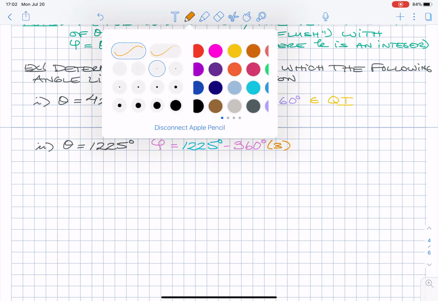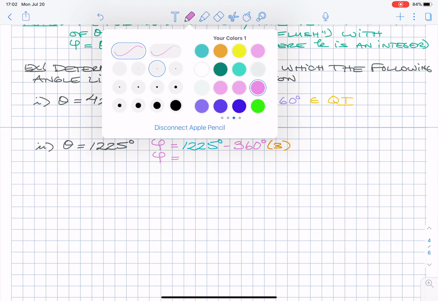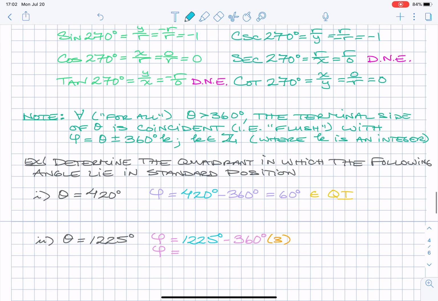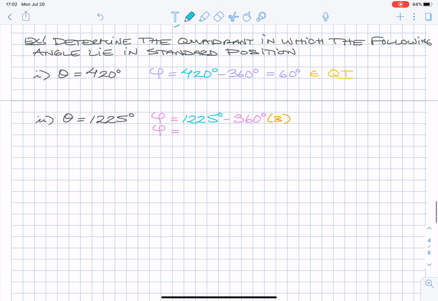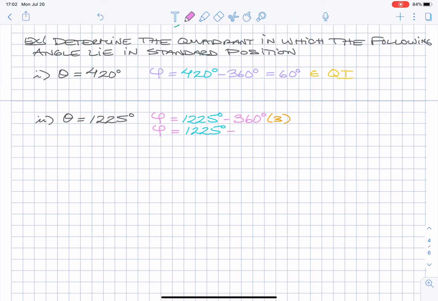So what does that give us? That gives us that phi is going to be 1225. So that's what I mean by the integer k. So 1225 minus, what did I say it was? 1080.